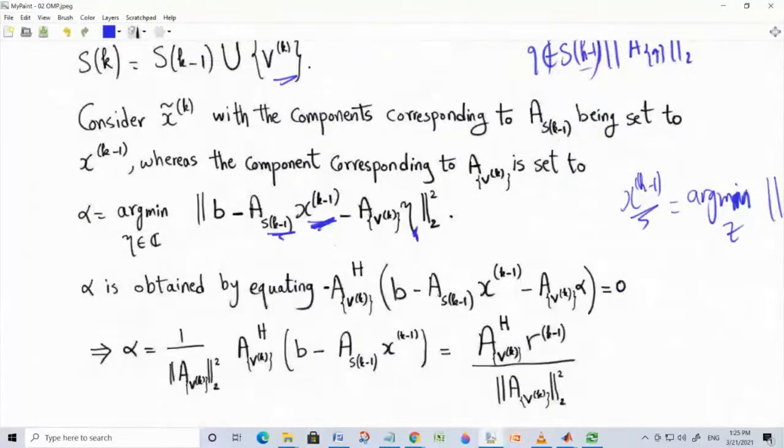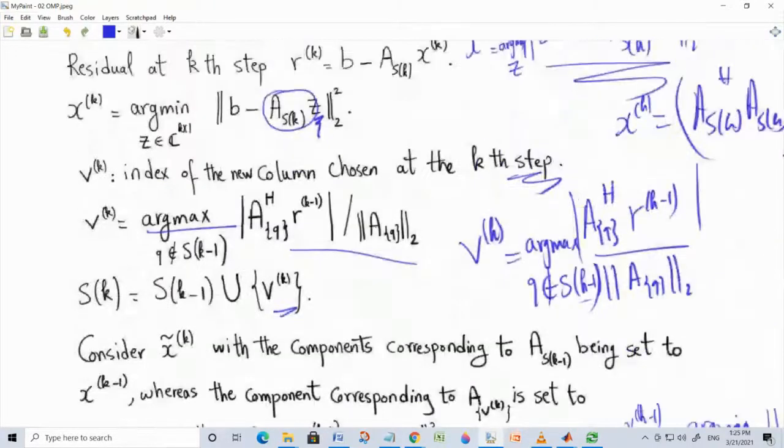Now what you are doing here is that, rather than having k optimization variables, you fix k minus 1 of them, and you just obtain the coefficient that should be multiplied by the new column a sub v of k.